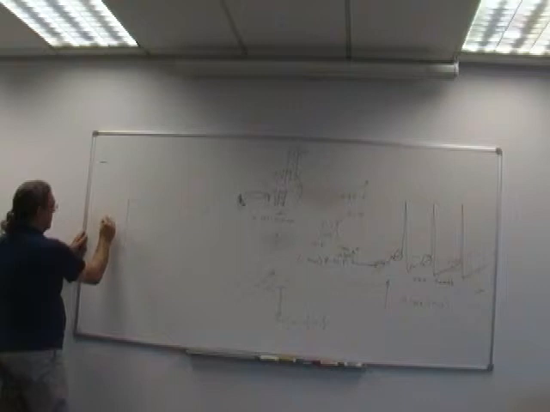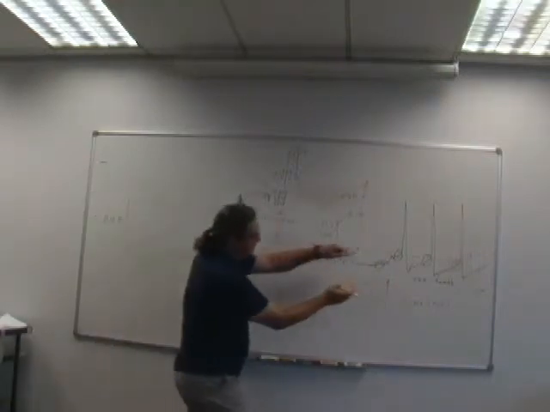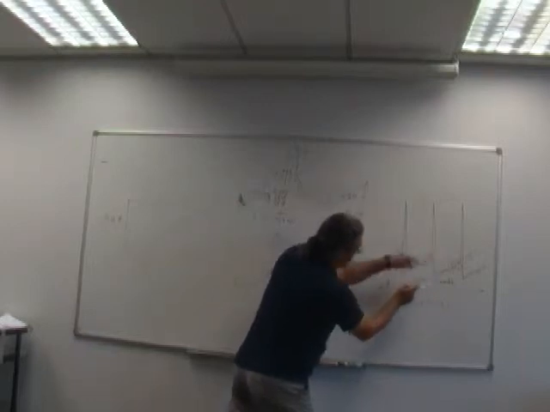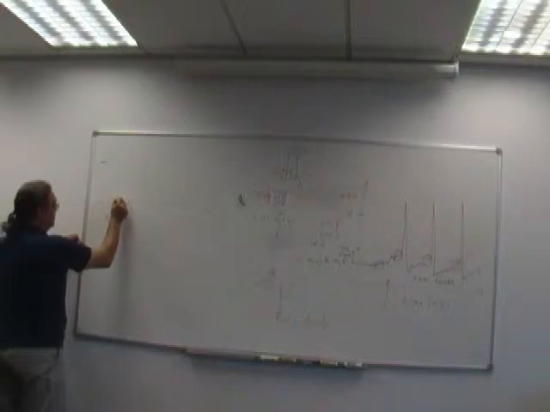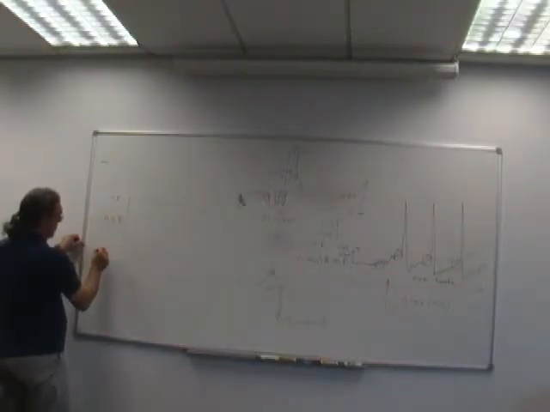This is AHP, that one, this fold from the threshold. So this is threshold potential. This is resting membrane potential. This is about 10 millivolts.